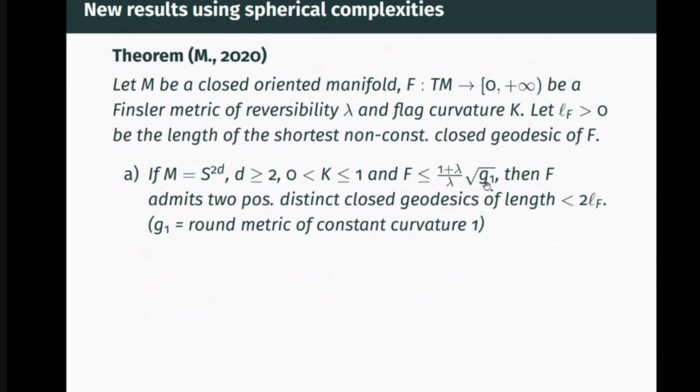If we have this inequality, then there are two positively distinct closed geodesics of length at most, so the second one is less than twice as long as the first one. This is what we get here.